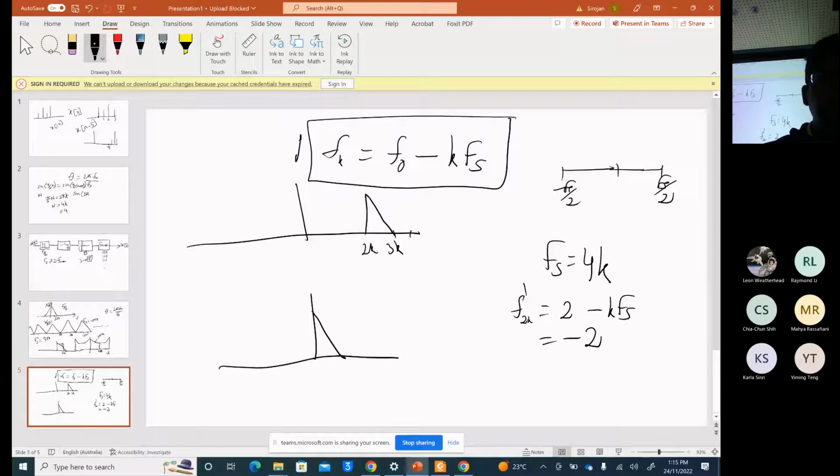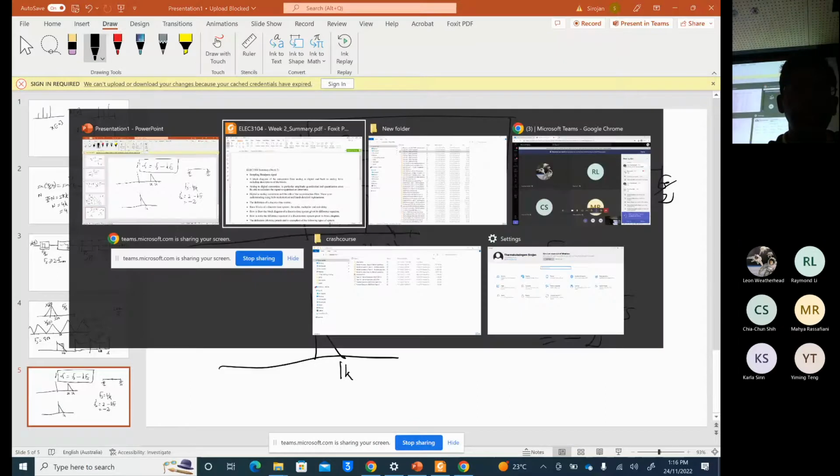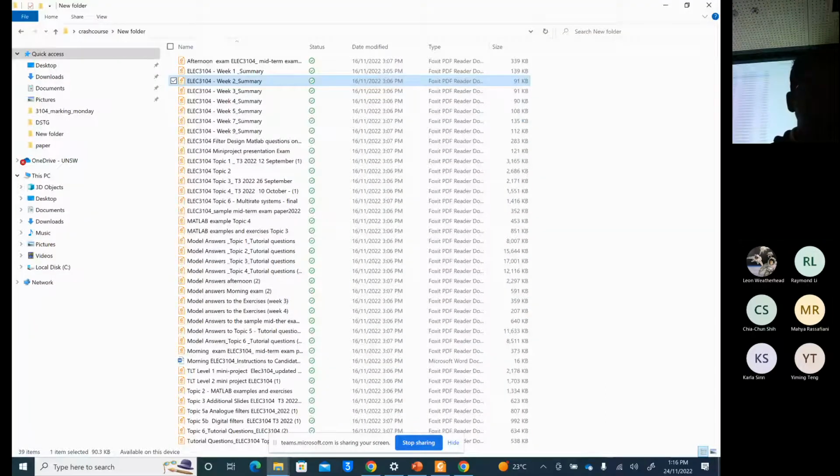Okay, 2 to 3. So this one, 1 kilohertz. So then what we can do is, if we keep the sampling frequency as 4K, let's check the notes.